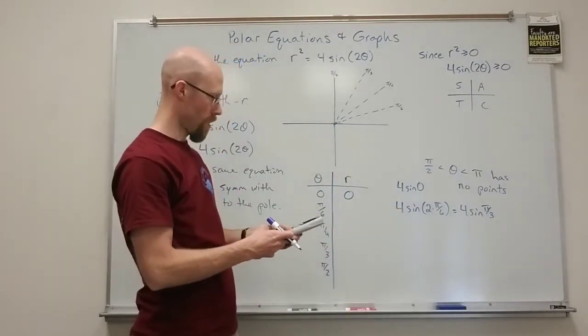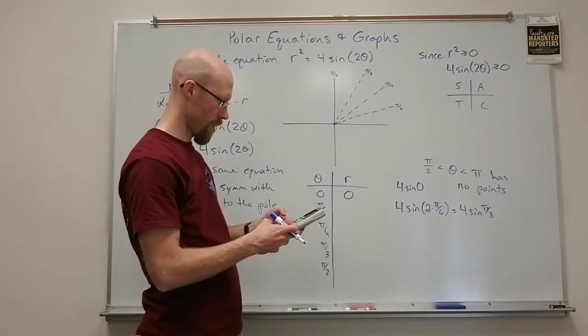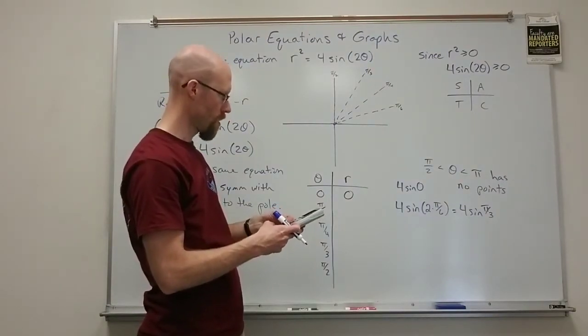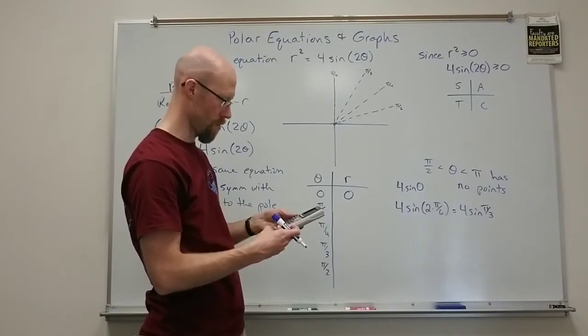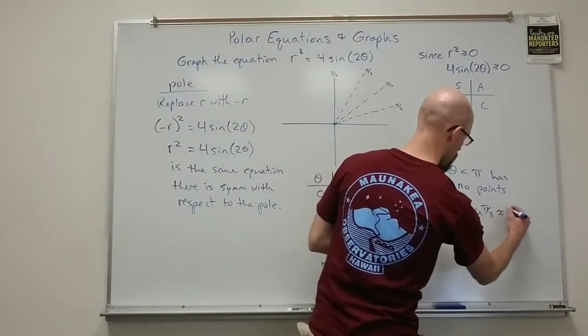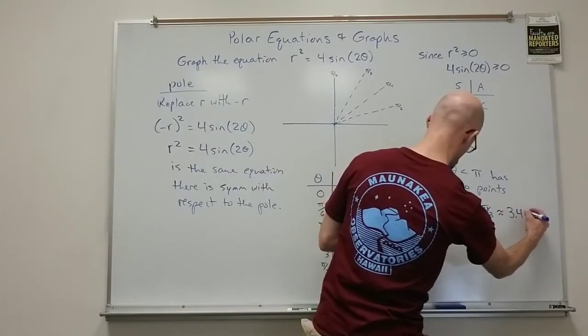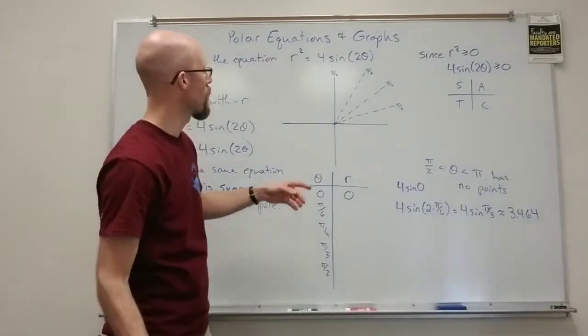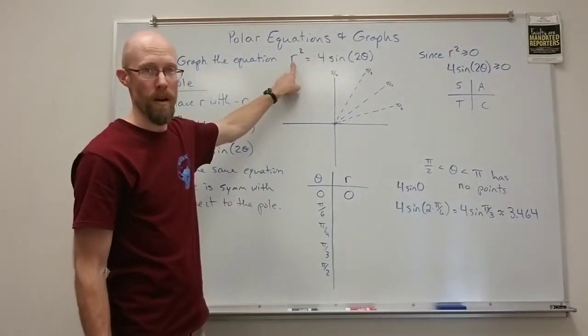So I type in 4 sine of pi divided by 6. No, pi divided by 3. Almost messed that up. And that's approximately 3.464. Now, we're not quite done because that's actually equal to r squared, right?